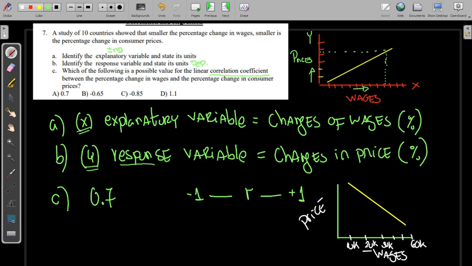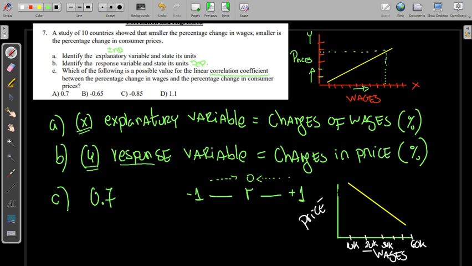So those two variables are very strongly related. You can have a very strong relationship on the negative side, or a very strong relationship on the opposite side, which is positive. And anywhere in between, the closer you get to zero, the less of a relationship you have.